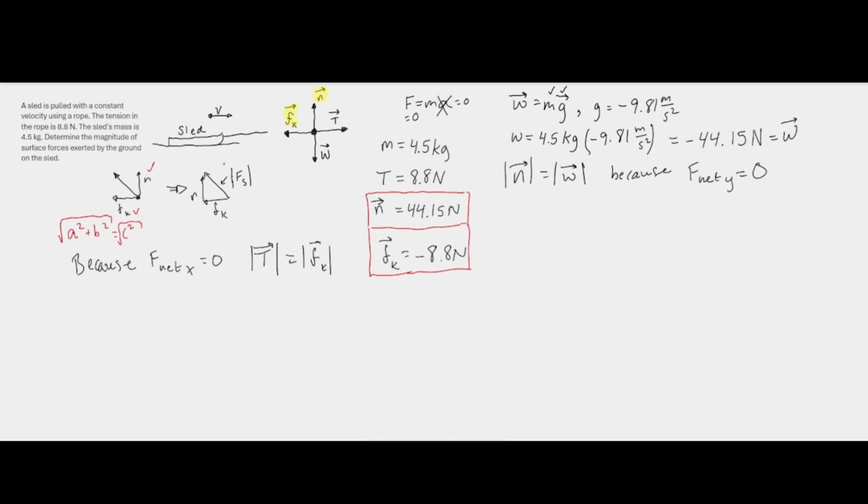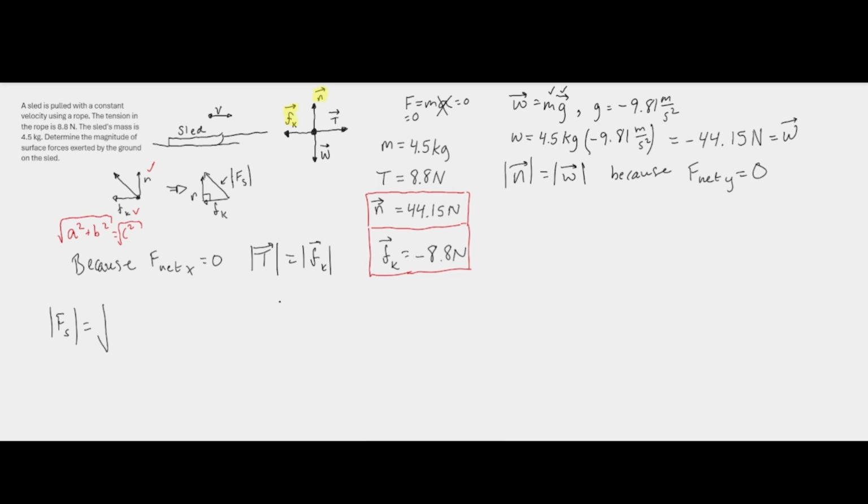So c, which we've called F sub s, is the magnitude of the surface forces. This is just a name that I gave it. It's the hypotenuse of this right triangle. So the magnitude of these surface forces is equal to the square root. Now I need to square both sides and add them.